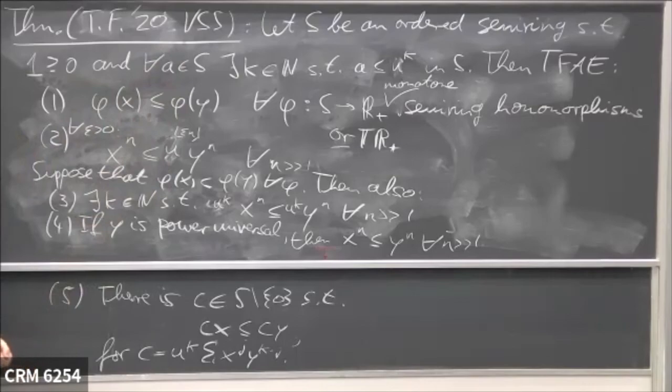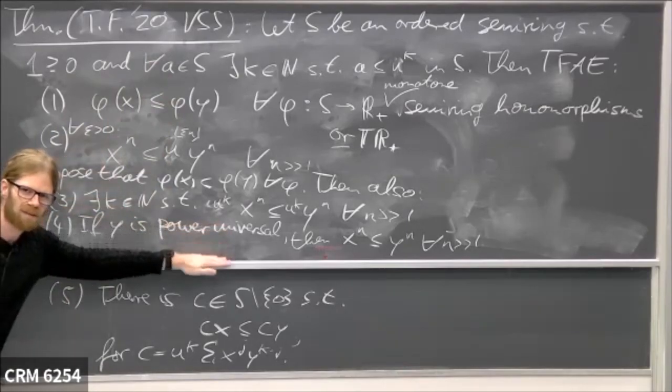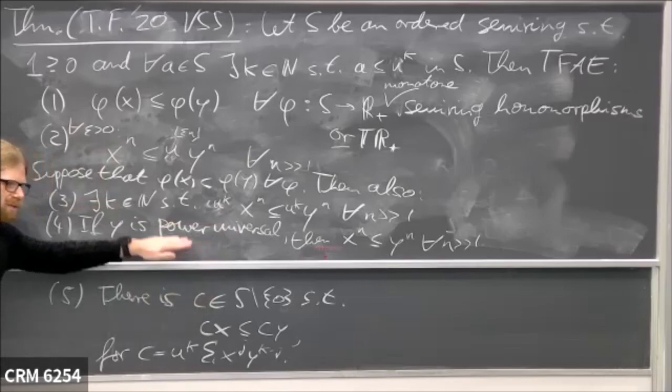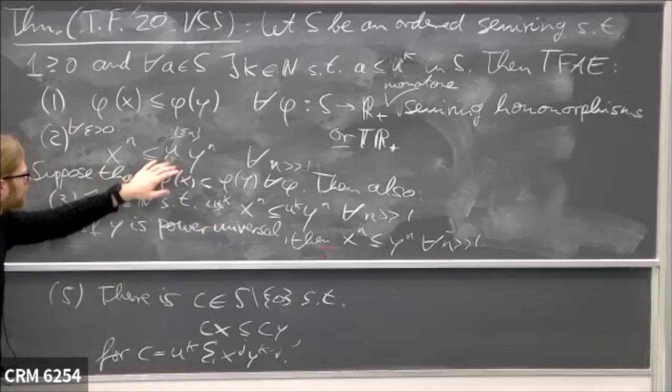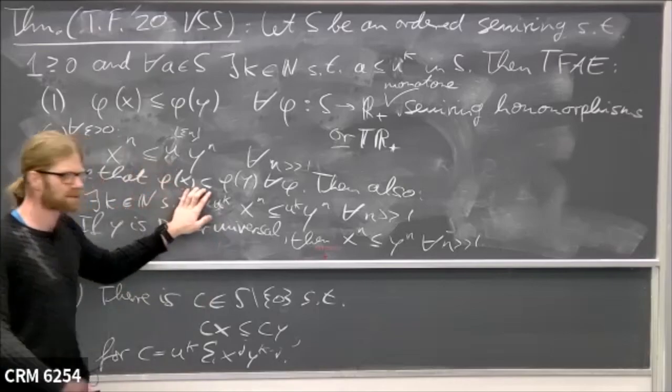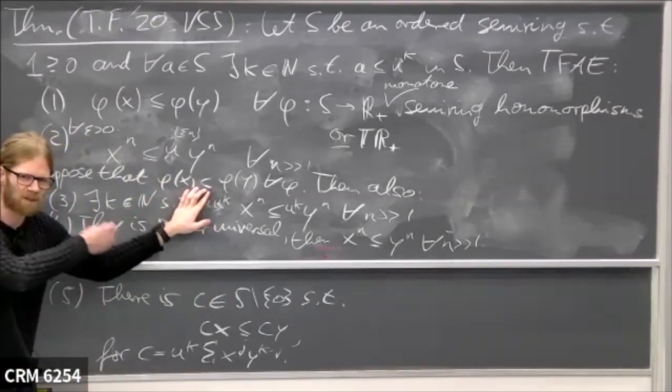elements. So here we have basically algebraic conditions, algebraic certificates, such that when one of these holds, then we get the non-strict inequality for all these phi's.